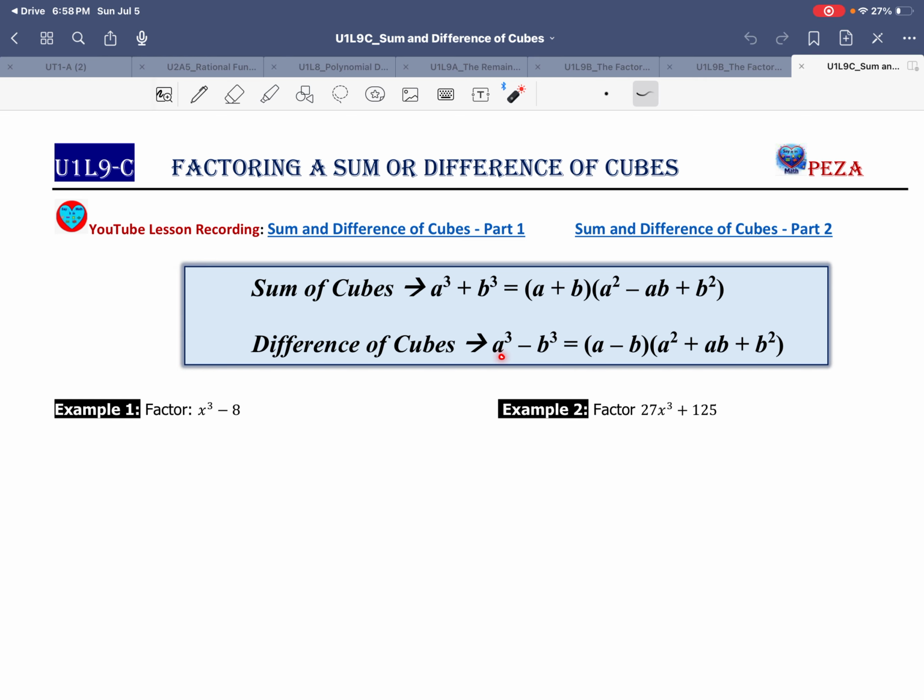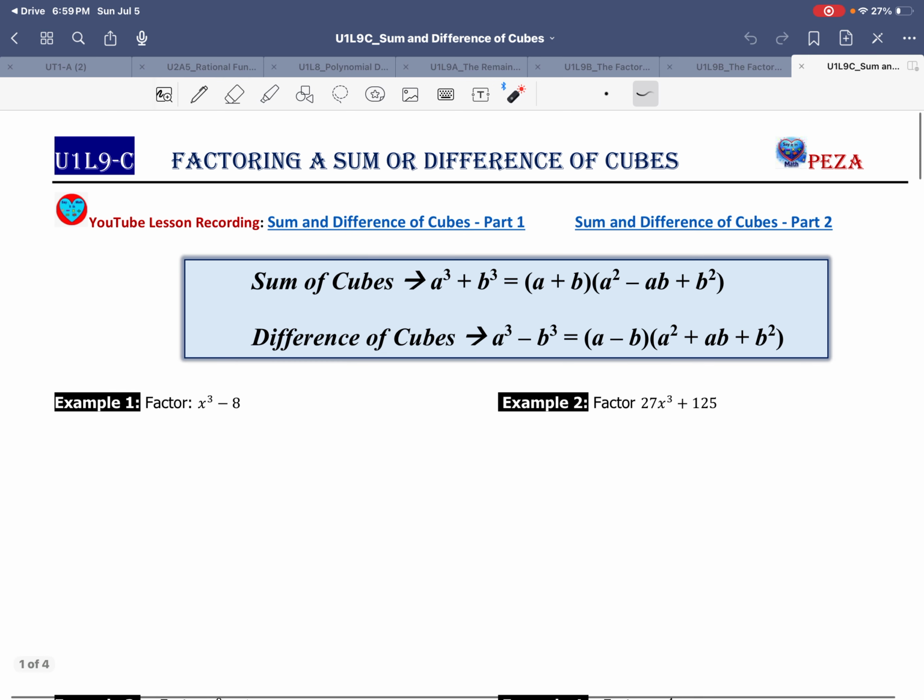Difference of cubes works in the same way, but here you will have a minus b as the first factor, so without the powers. And the other factor will look like a perfect square trinomial, and all the terms here will be positive. Now, if you're wondering how do I figure out all these signs, if you look at both of them, there is only one negative sign.